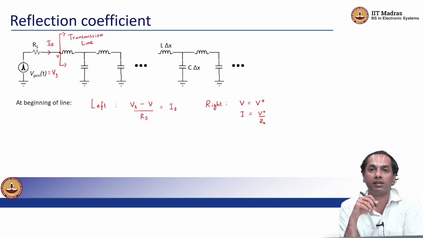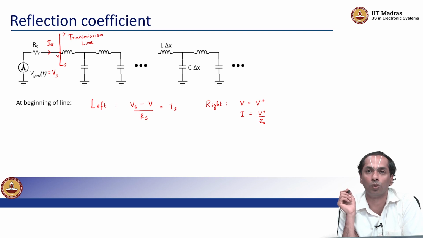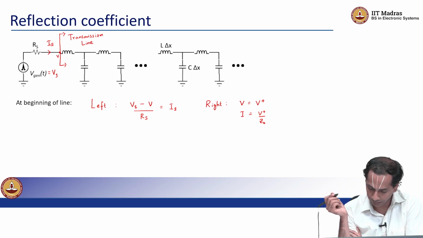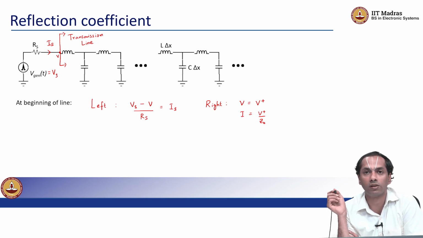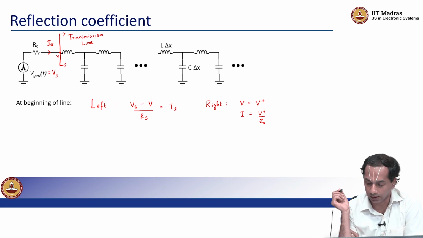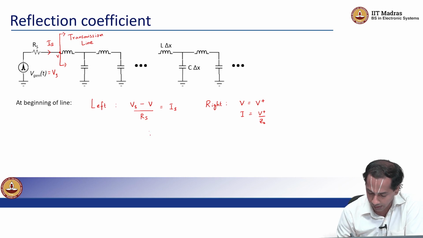And then on the left hand side, we have simple Ohm's law for the source resistance. So remember that Is and I going into the transmission line are the same, right? So we can say that Vs minus V, but V is V plus, right, by Rs is equal to V plus by Z naught.